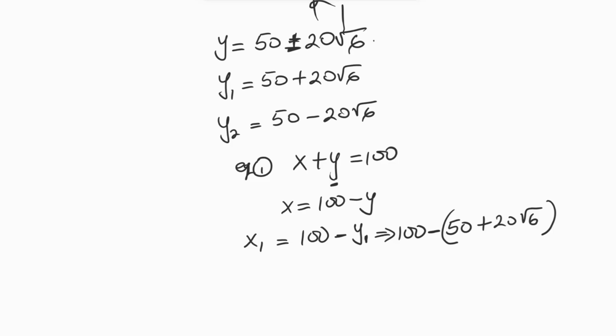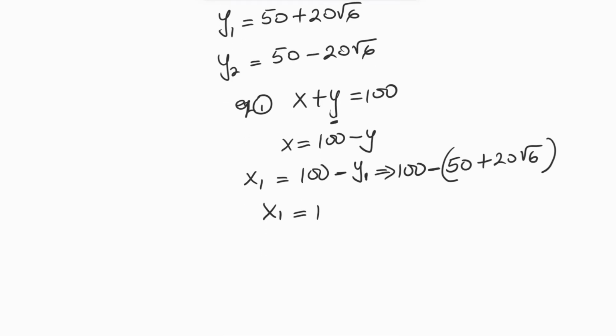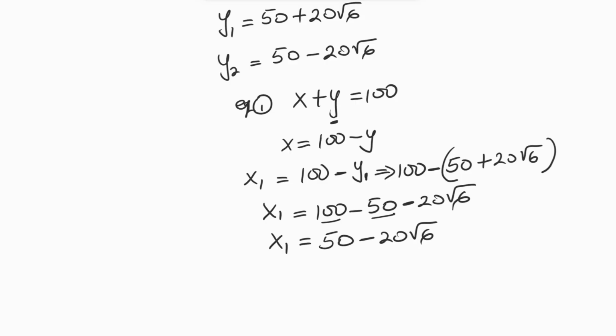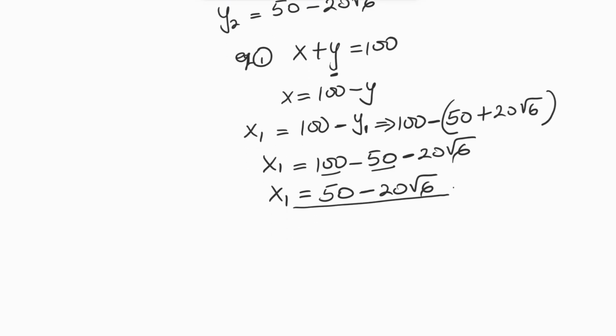So if we open that up, our x1 becomes 100 minus 50, minus times plus 20 root 6 will give us minus 20 root 6. x1 is equal to 100 minus 50 will give us 50 minus 20 root 6. This is our x1.